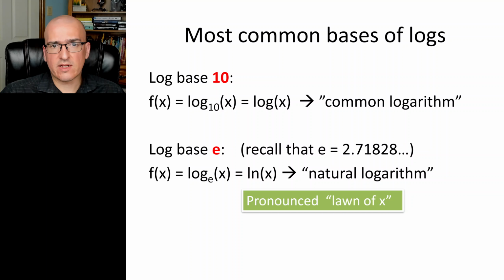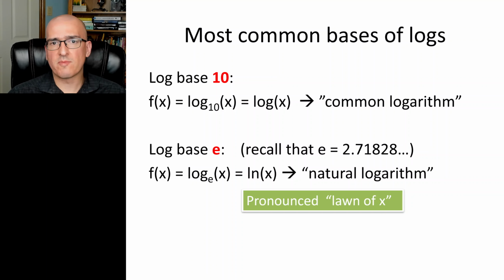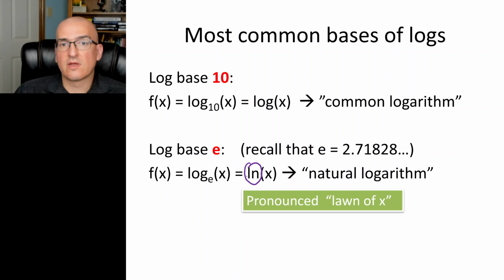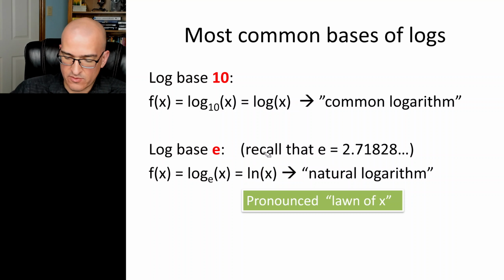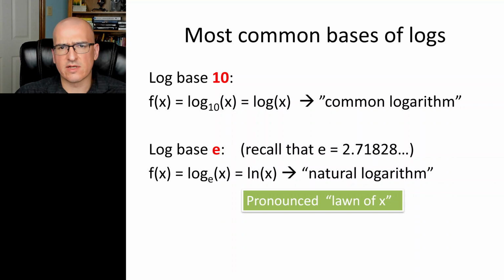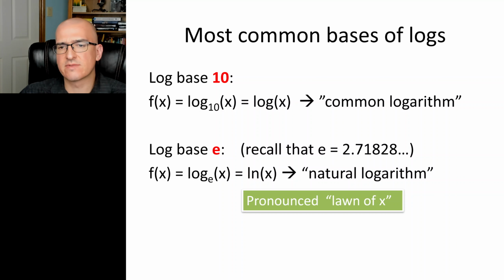But if you had a calculator, you'd look for log buttons, and you'd probably see only 2 log buttons. You'd see log, L-O-G, with no number underneath it. That means log base 10. Then you'd see another log button, ln, which means natural log. ln of x is pronounced "lawn of x," like a green lawn of grass.